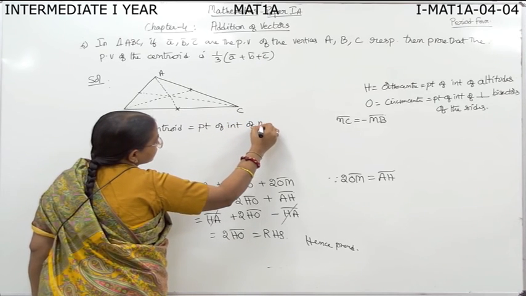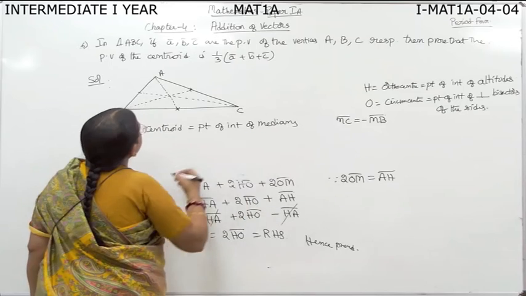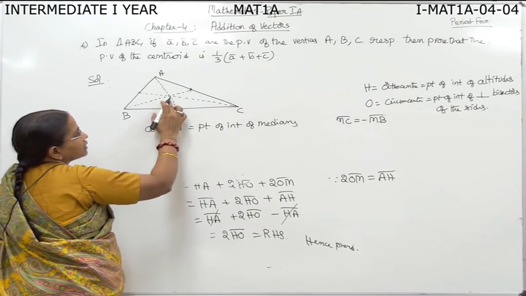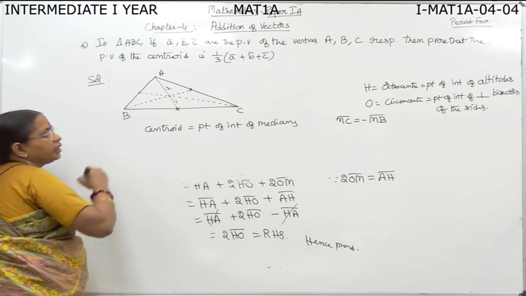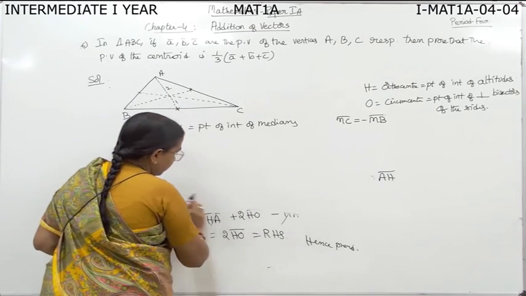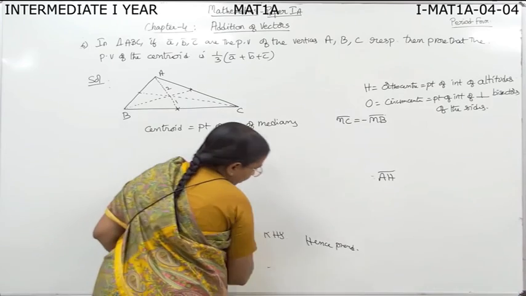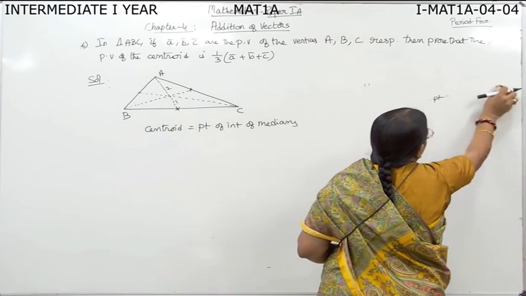Now we know that the centroid divides the median in the ratio 2:1. So what we'll do is take the position vector of the midpoint of one side. Any one median is enough for us. We need not take all 3 medians.